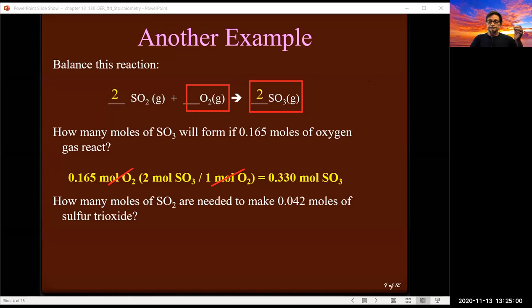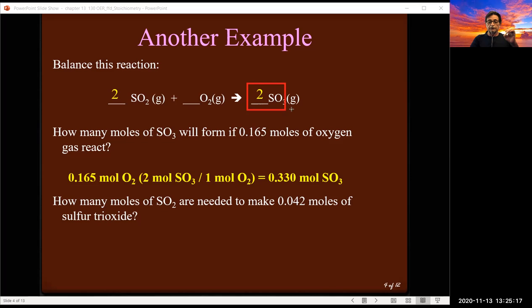The next question, and let's clear it up so we can see what we're doing, is how many moles of sulfur dioxide are needed to make 0.042 moles of sulfur trioxide. And so we're dealing with sulfur trioxide, and we want to know how many moles of sulfur dioxide I need.